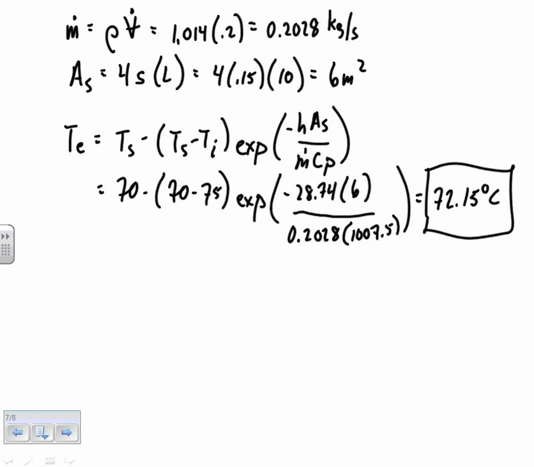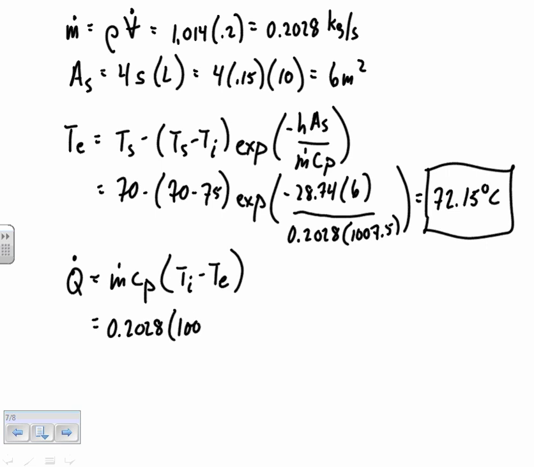The next part, part B of the problem says, well, what's the heat transfer rate? Well, this is an open system. I know Q dot then is equal to m dot times Cp times the change in the mean temperature from inlet to exit. So T inlet minus T exit. So m dot was 0.2028.